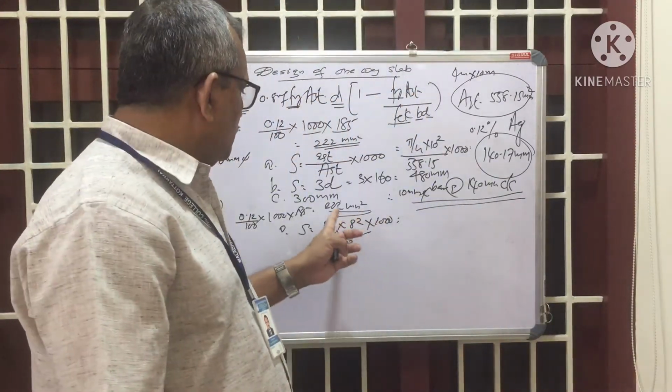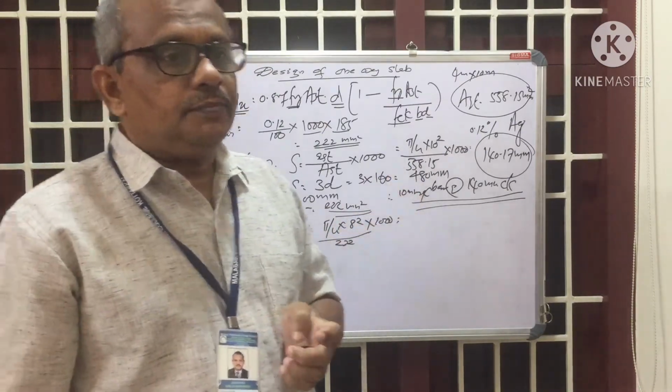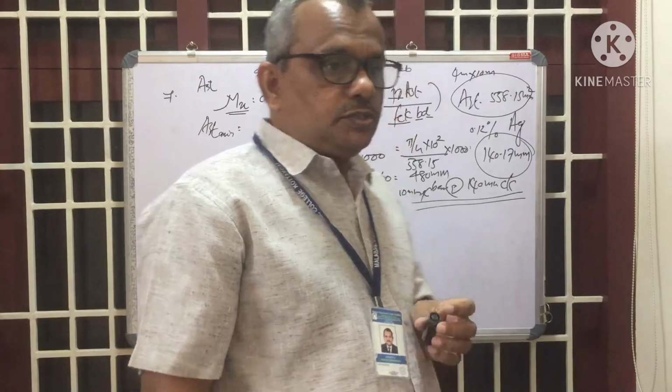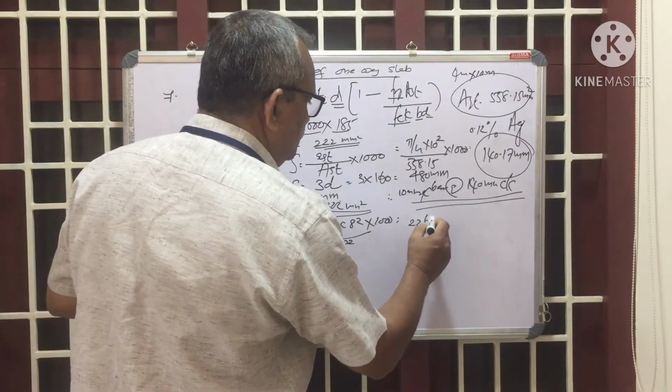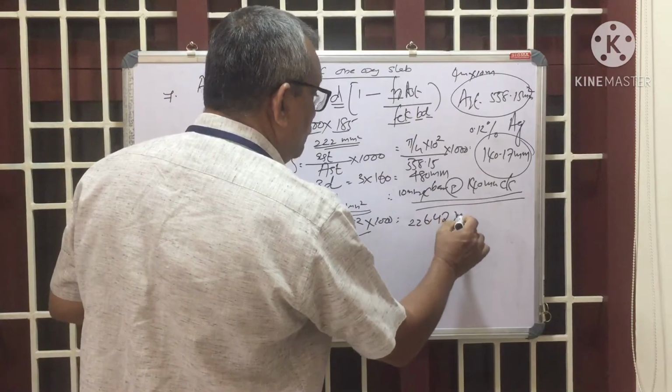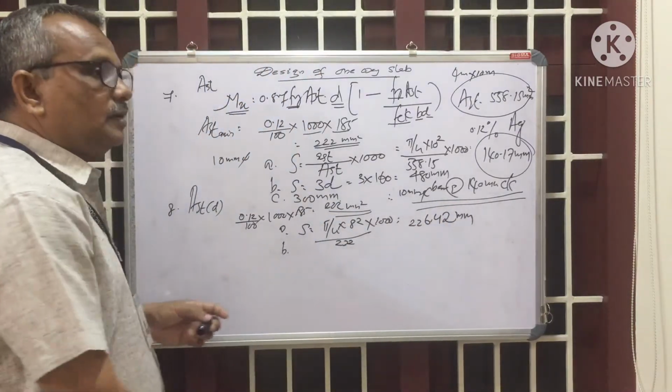S is equal to pi by 4 into 8 squared divided by 222 into 1000, which is 226.42 mm, the spacing.